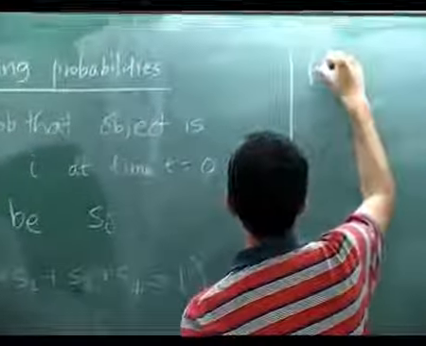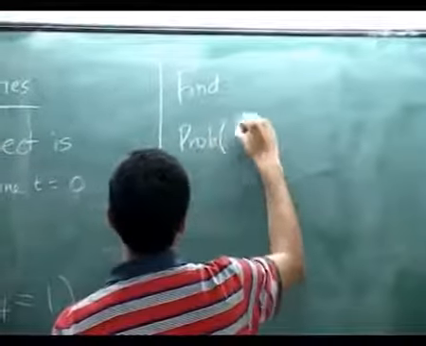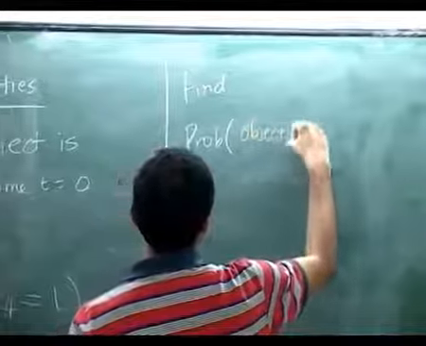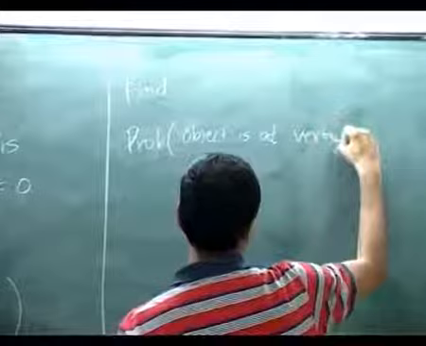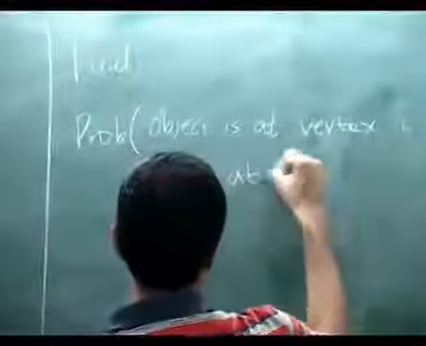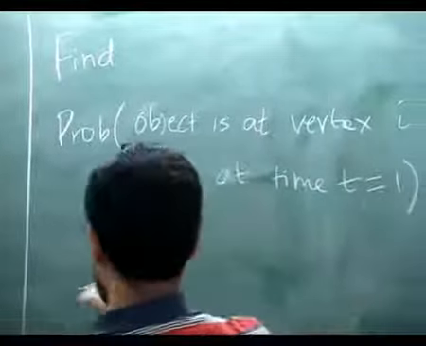Okay, let me ask that question. So find the probability that the object is at vertex I at time t equal to 1, after doing one jump.